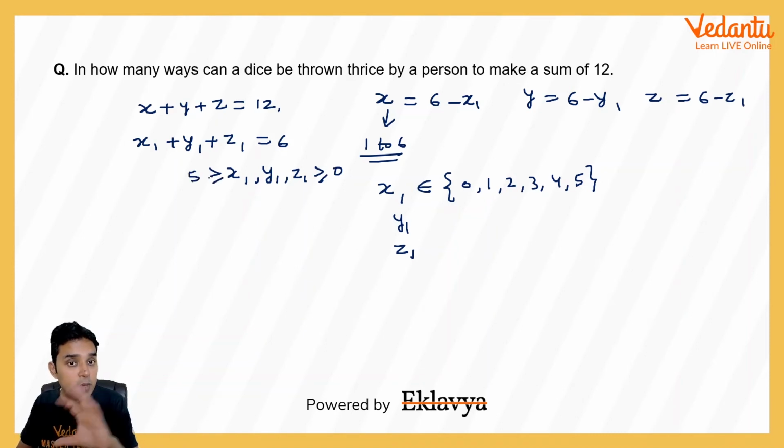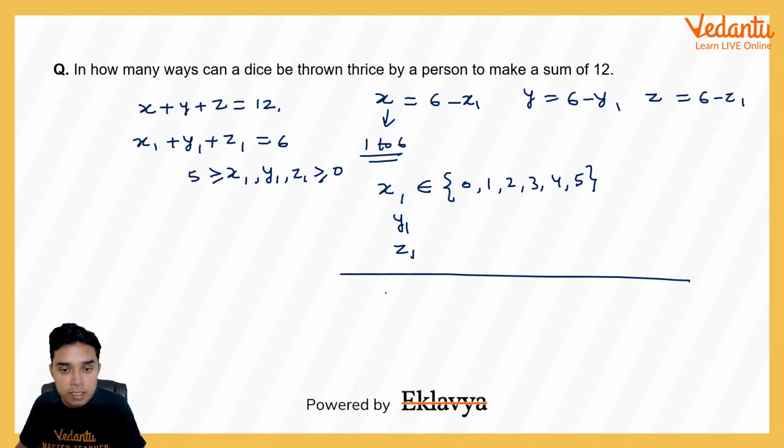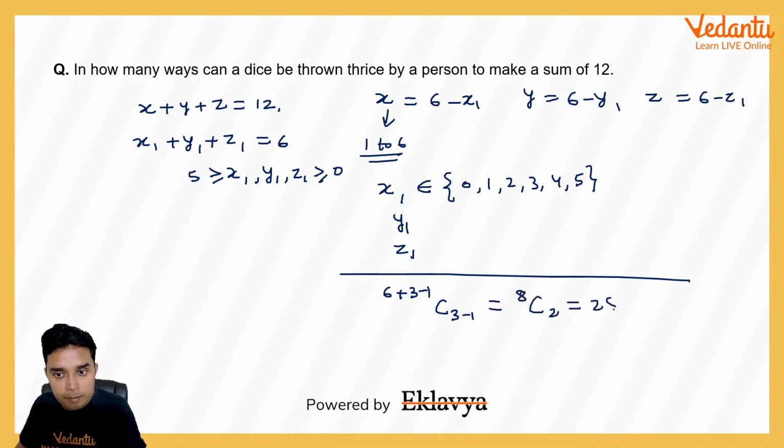So if I use the beggar coin method here, you can see we will get the answer 6 plus 3 minus 1, 3c minus 1, which comes out to be 8c2, which is 28. Here we have to subtract only that case in which x1 becomes equal to 6.